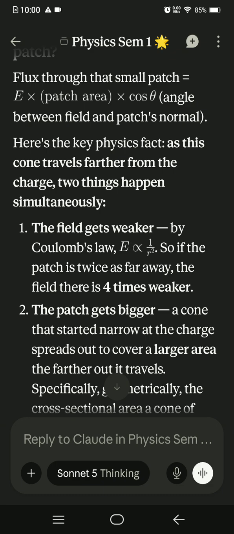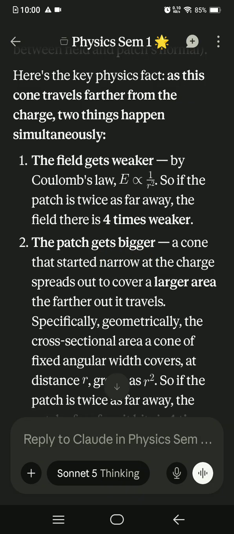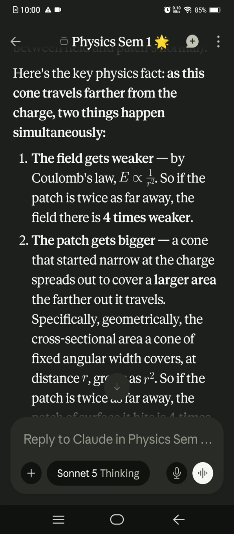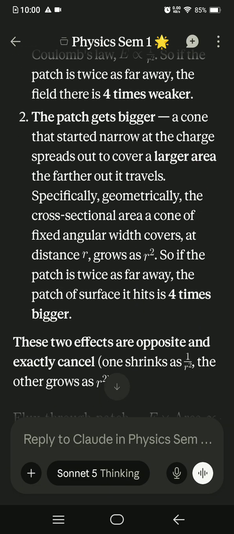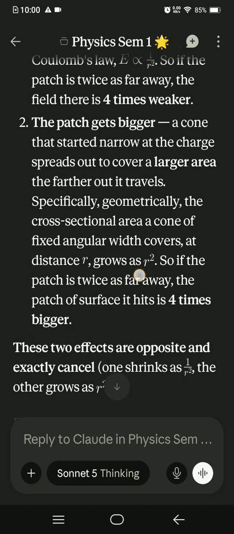So if the patch is twice as far away, the field there is four times weaker. The patch gets bigger. A cone that started narrow at the charge spreads out to cover a large area. Geometrically, the cross-sectional area of the cone of fixed angular width at distance r grows by r squared. So if the patch is twice as far away, the patch of surface it hits is four times bigger.